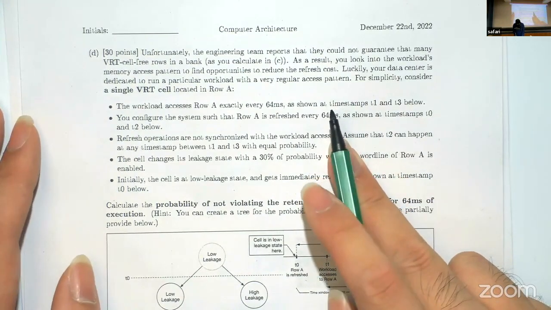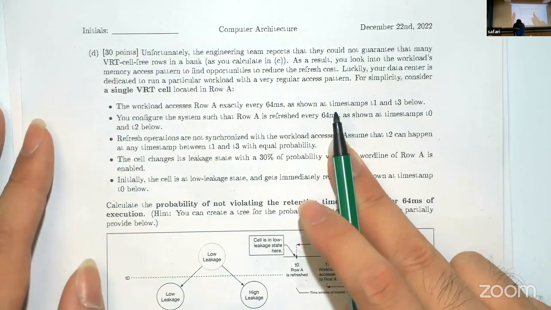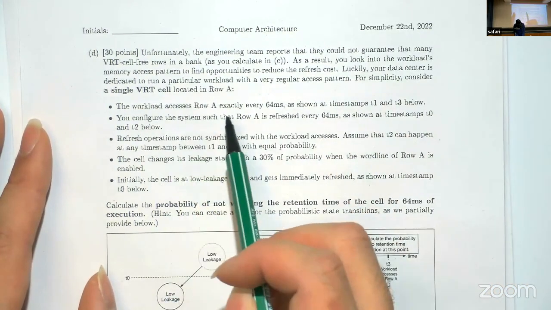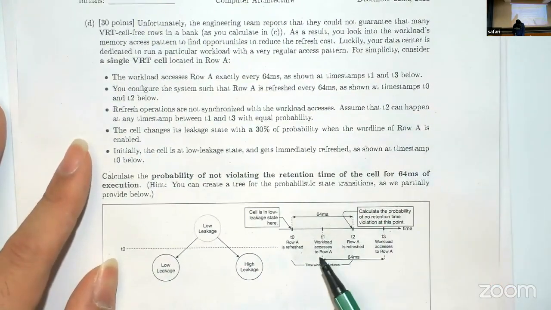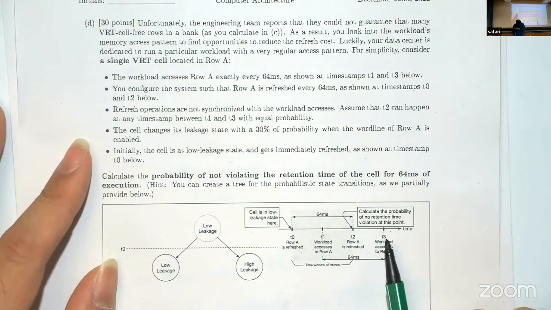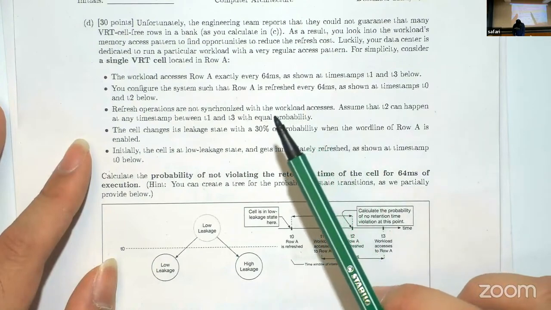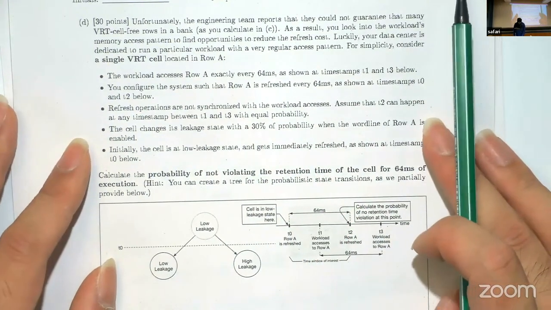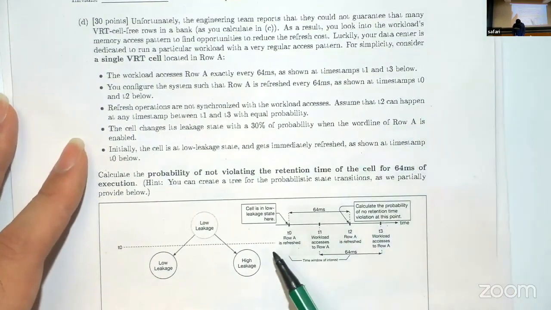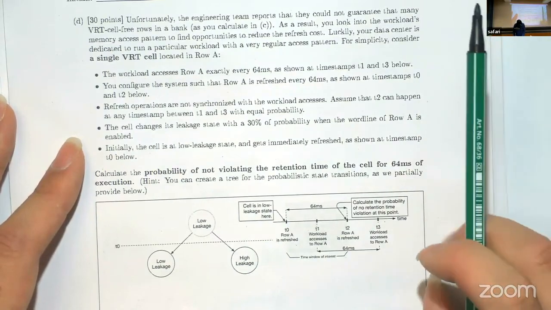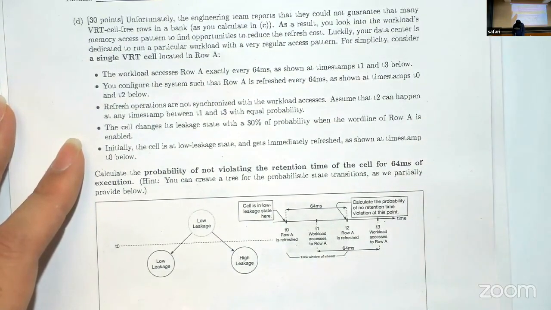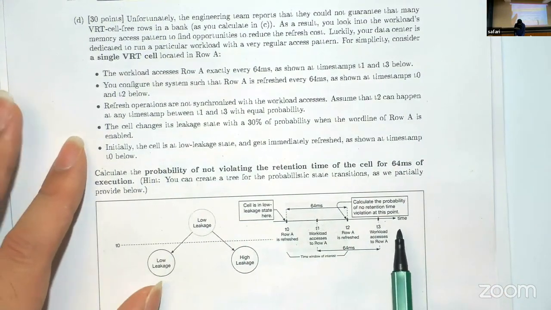For simplicity, we consider a single VRT cell located in a row A. The workload accesses row A exactly every 64 milliseconds, at timestamps T1 and T3. The system is configured such that row A is refreshed every 64 milliseconds, at timestamps T0 and T2. Refreshes are not synchronized with workload accesses. This means that T2 can happen at any time between T1 and T3 with equal probability.